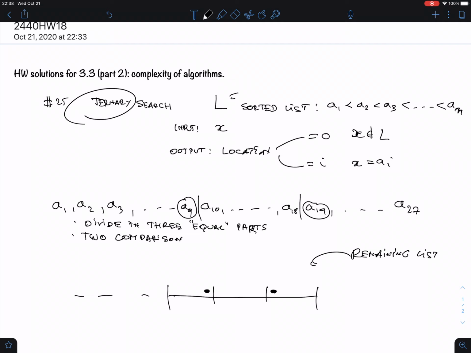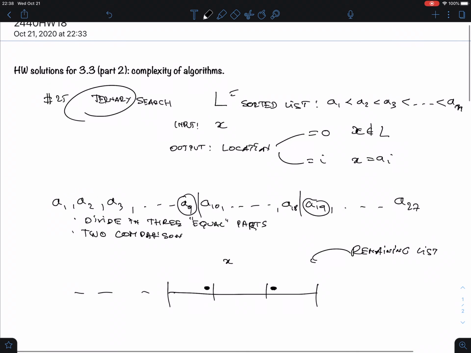Those are just some choices you make, but that's how the algorithm works. And you compare X with this element. You ask, is X less or equal to this element, or is X less or equal to that element? And of course, depending on the answers, you know exactly there are 3 possibilities.